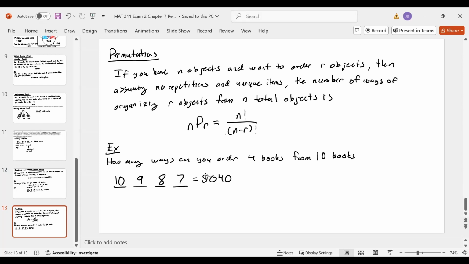So the formula says, okay, if I use the formula, it would be 10 factorial over 10 minus 4 factorial, like that. So if I write out 10 factorial, that's actually not a very good way of writing it. Let me do dots.